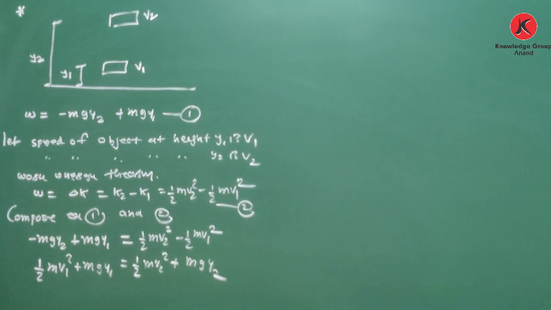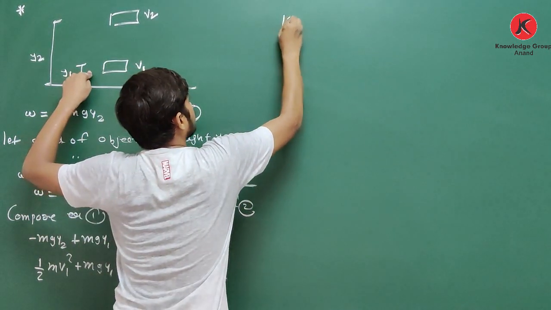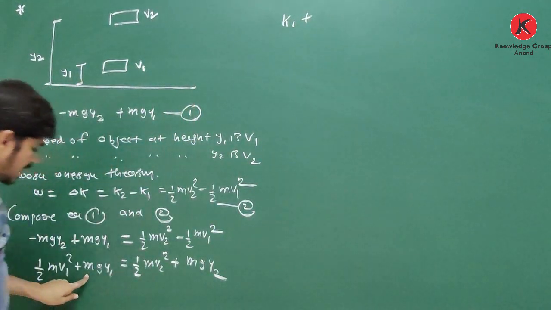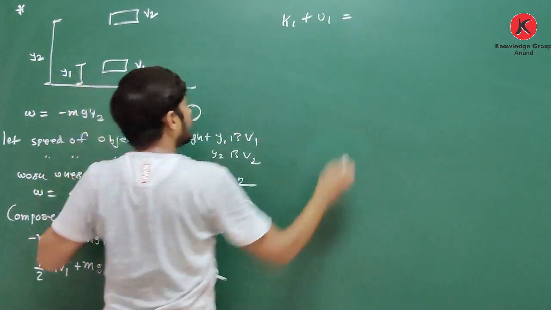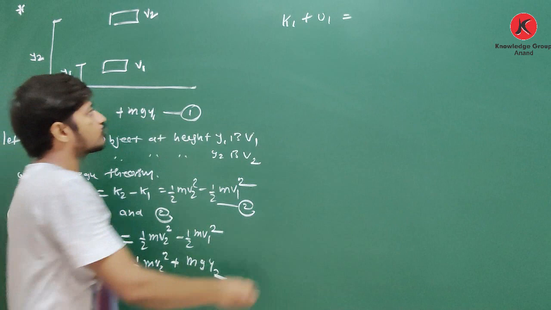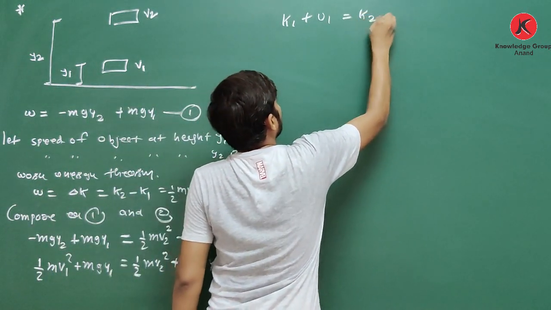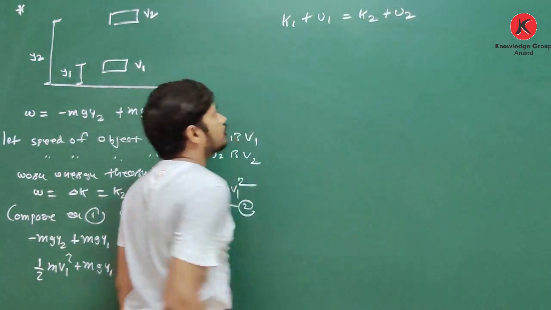Clear about this? Half m v1 square is kinetic energy K1, mg y1 is potential energy U1, half m v2 square is kinetic energy K2, and mg y2 is U2.